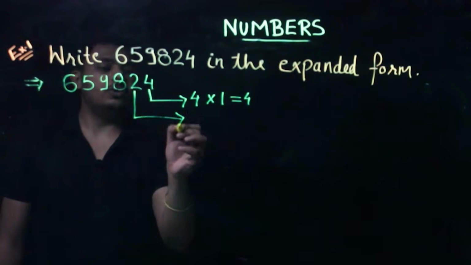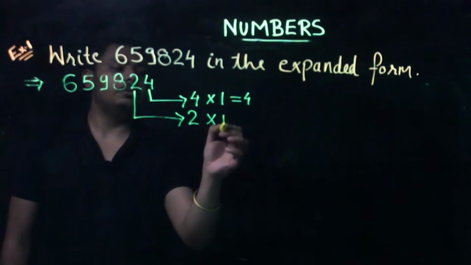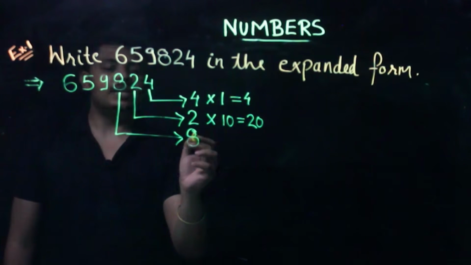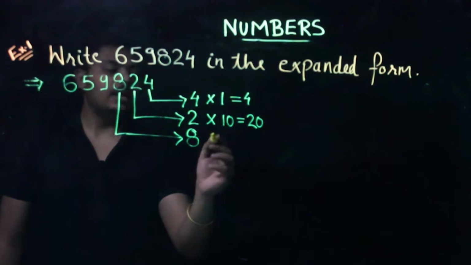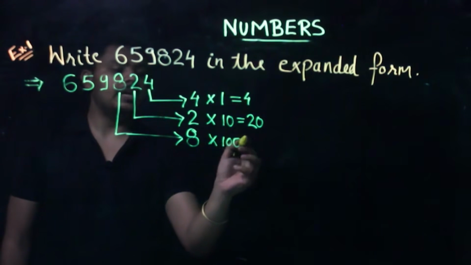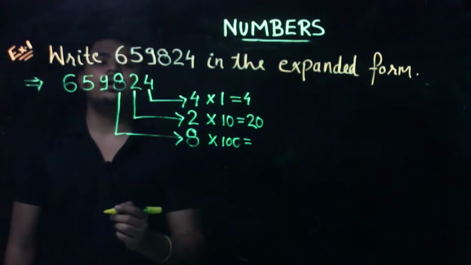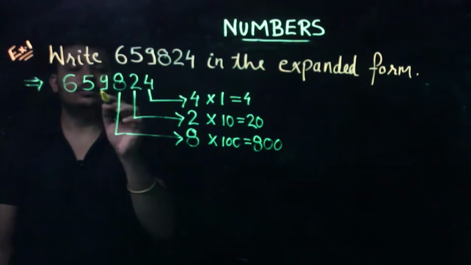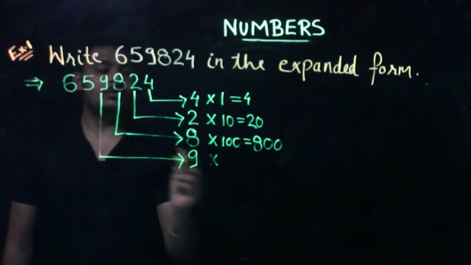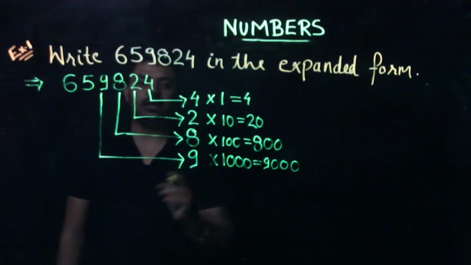Similarly, for 2, face value into place value gives 20. Writing the face value of 8, which is 8, and multiplying it with the value of that place, that is 100, as 8 comes in the hundreds column, we get 800. Similarly, 9 into thousands, we get 9000.